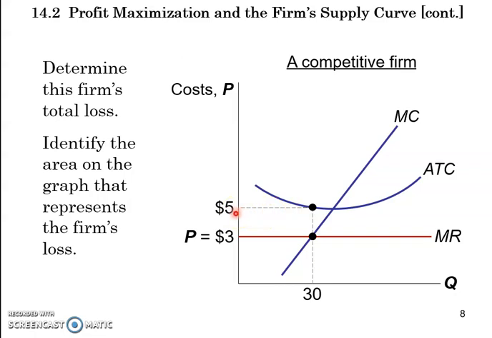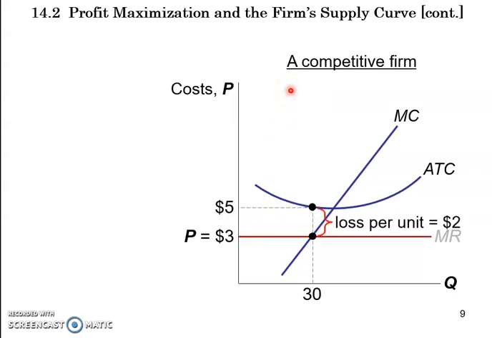So on average, the firm spends $5 producing each unit. So $5, this point on ATC down here, 30 units and the origin, this big box represents the total cost. And of course, the difference between these two boxes would be the economic loss.